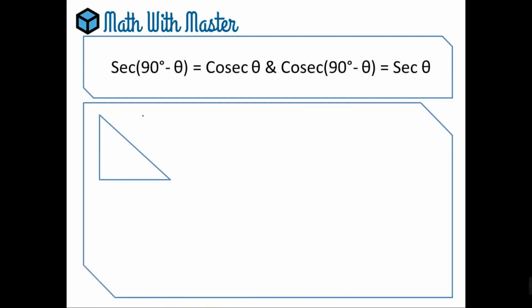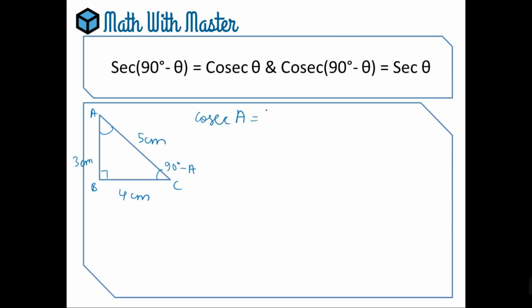So this is triangle ABC, in which this is the right angle, this is angle A, and this is angle C, which is equal to 90 degrees minus A. This is 4 centimeter, this is 3 centimeter, and this is 5 centimeter. So what is cosec A here?